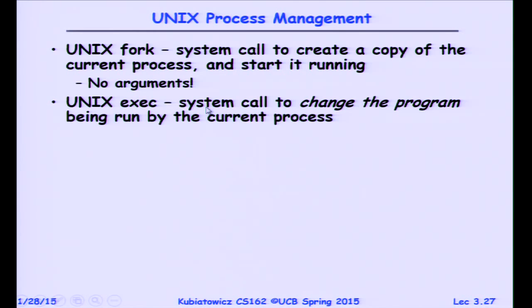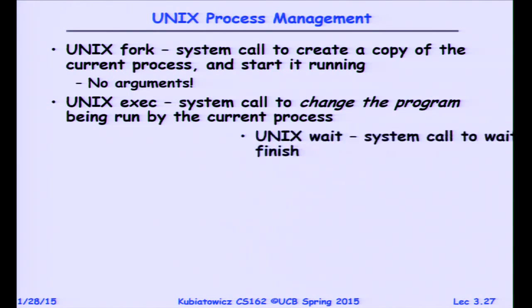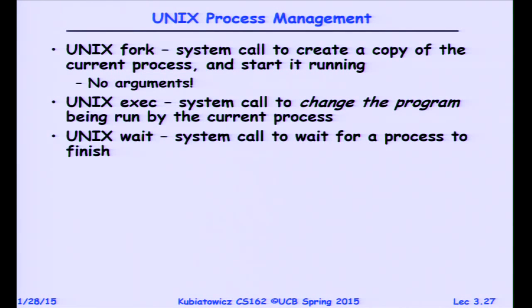You fork a child, and then that child immediately calls exec and loads a new program into its memory address space. And that's exactly how we start up a parallel program running. We start with a copy through fork, and then we load through exec a new program. Okay?